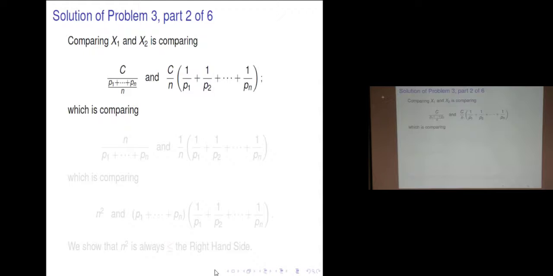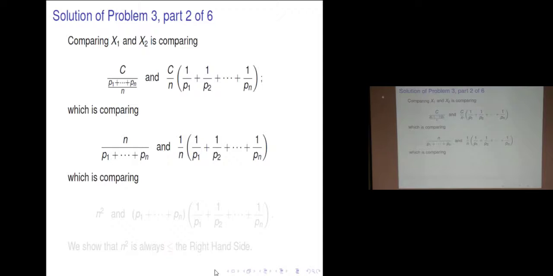So it looks quite complicated. Now let's change the two terms a little bit. C doesn't play any role because both are proportional to C, so you can cancel the C.